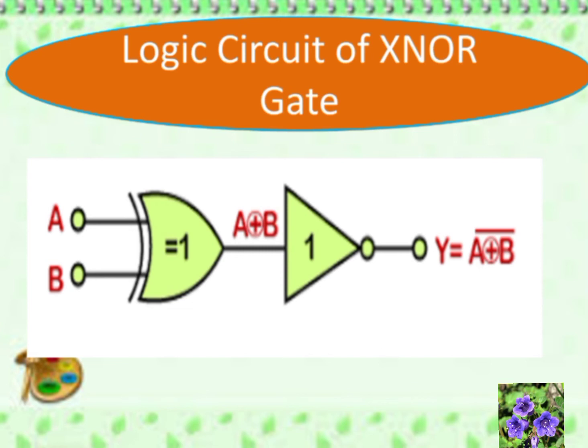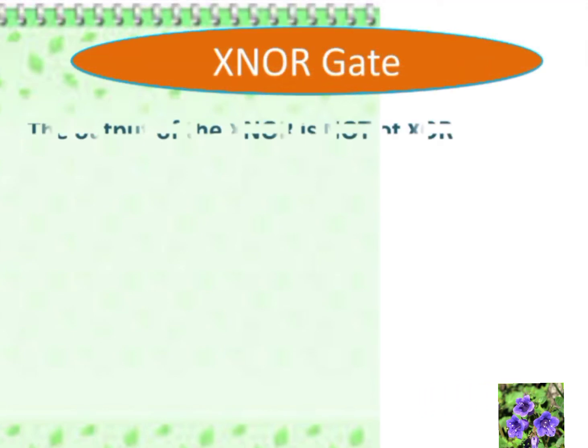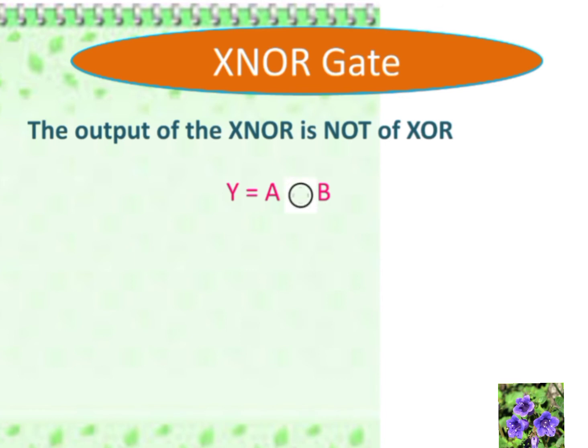From that we get Y equal to A encircled plus B, whole over bar. This is the logical circuit of XNOR gate. So the output of the XNOR gate is the NOT of the XOR gate.